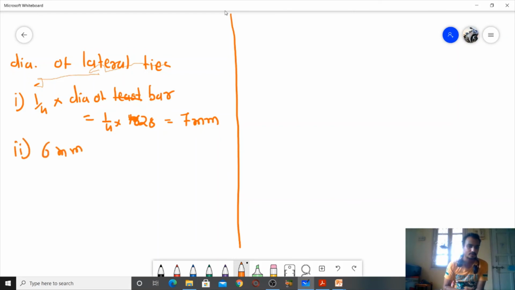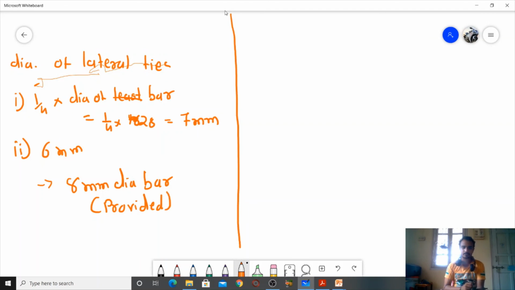So we provide the larger of the two. So an 8 mm dia bar is provided. Why 8 mm? Because in the market we have an 8 mm diameter bar. There is no 7 mm diameter bar available in the market. That's why we provided an 8 dia bar.